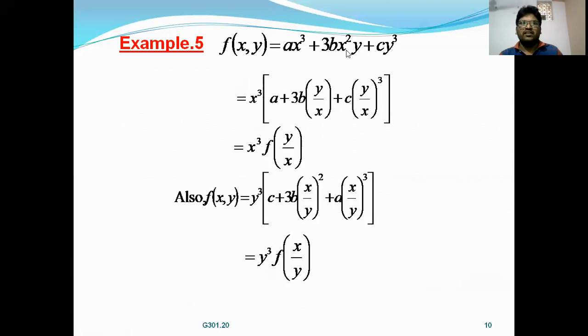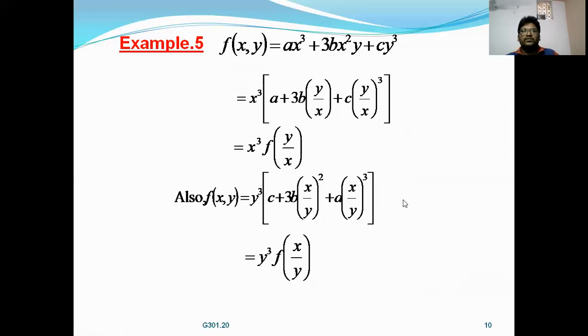The above equation can be written in the form of x cube into f of y by x or y cube into f of x by y. So we have to show these terms when the above equation is a homogeneous differential equation.